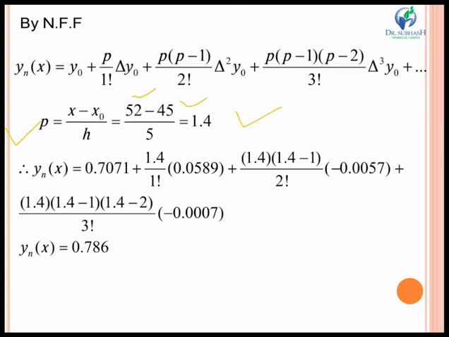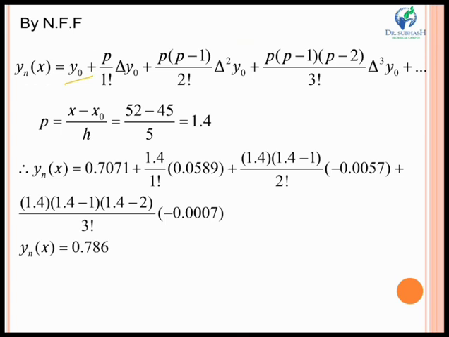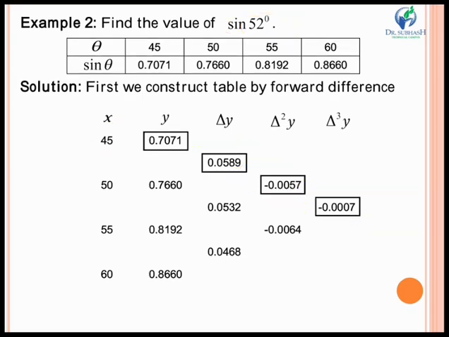Now we'll start putting these values. See, y0 is the first value, 0.7071. Next we put the value of p. Next you have to take delta y0, the first value from delta. Again for delta square you will take the first value, and again for delta cube you will take the first value.